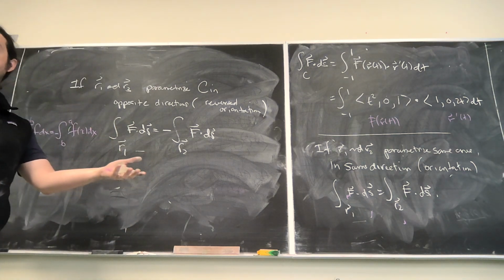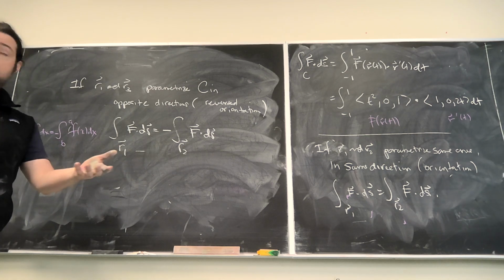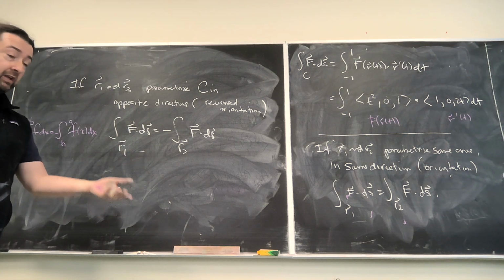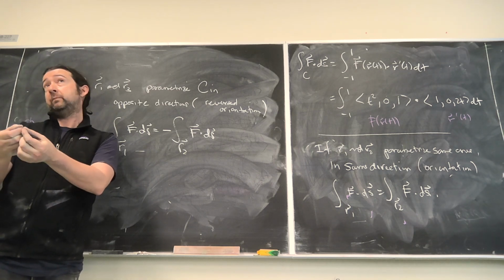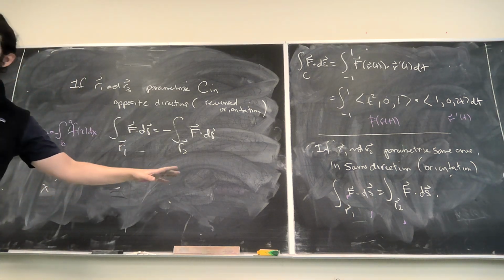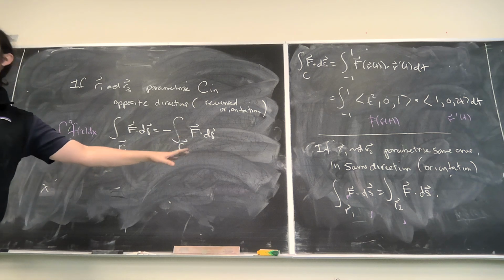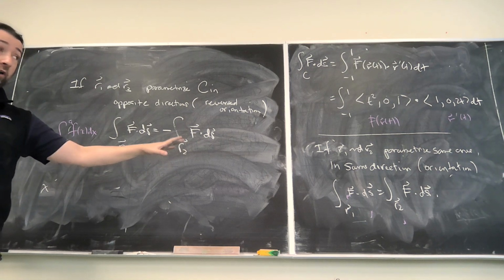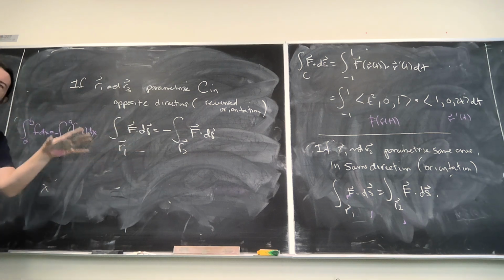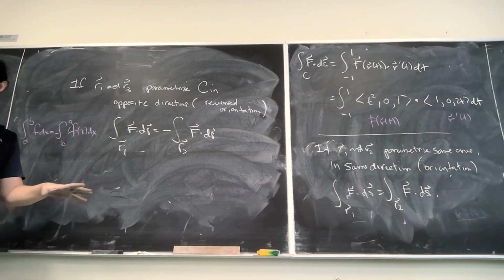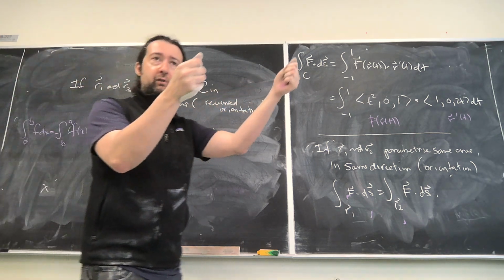On any closed path, in certain kinds of physically meaningful vector fields, the only thing that matters is displacement, where I started and where I ended. So we're going to talk about gradient fields, which are the fields that have that property. They have what are called path-independent line integrals. And then we'll talk about checking to see if a vector field is a gradient field, which says when you know that you only care about where you finished and where you began.